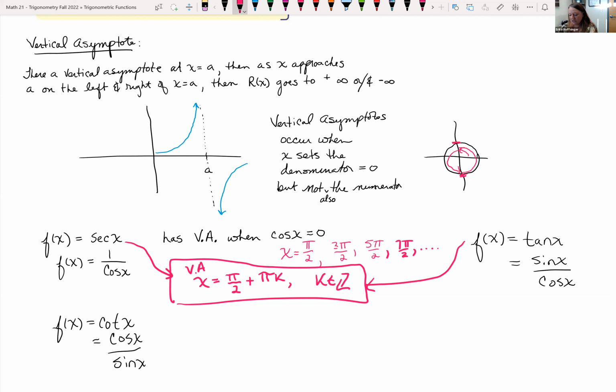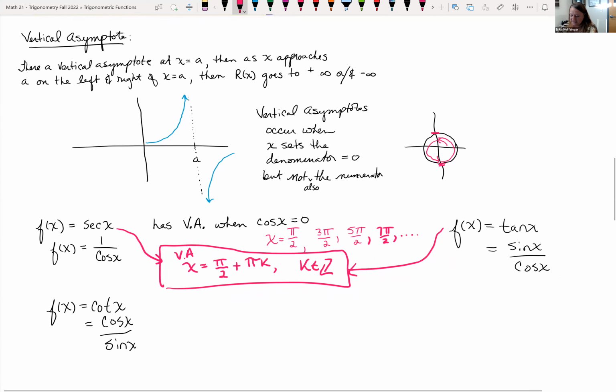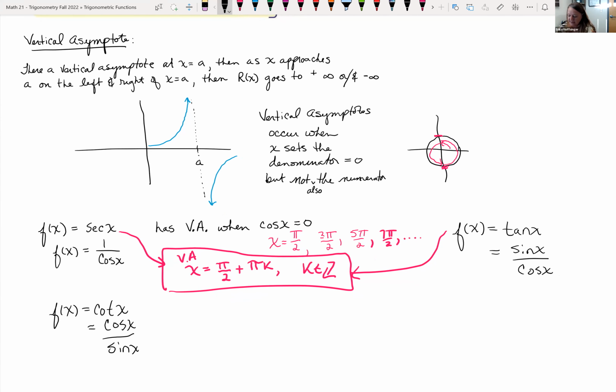Now if we looked at cotangent of x, and the other one is cosecant of x, that's where we're dividing by sine of x. Cosecant of x is the same thing as 1 over sine of x.